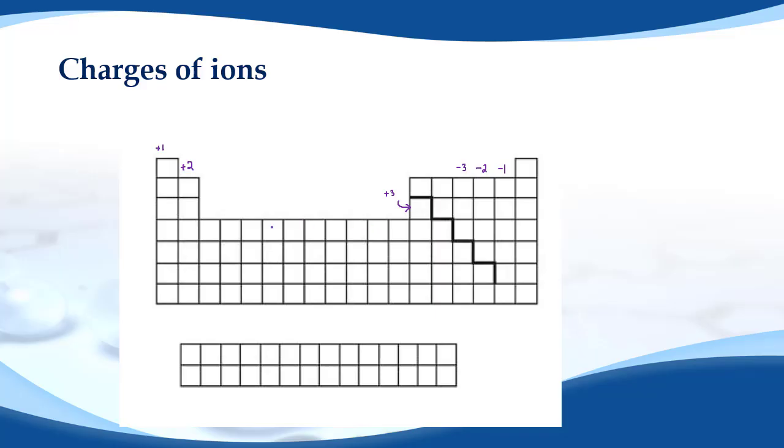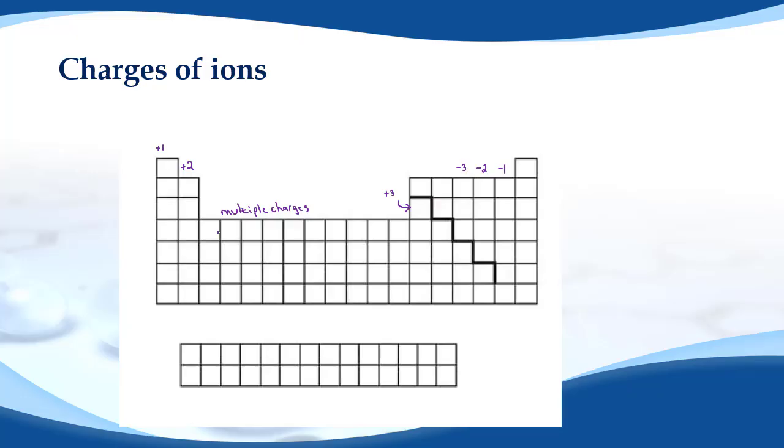Now you've noticed I've left an entire swath of elements starting here and going all the way over to this staircase line underneath. These right here can have multiple charges. Not all of them have multiple charges, but most of them do.